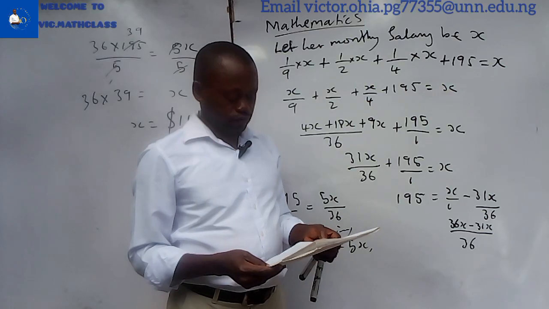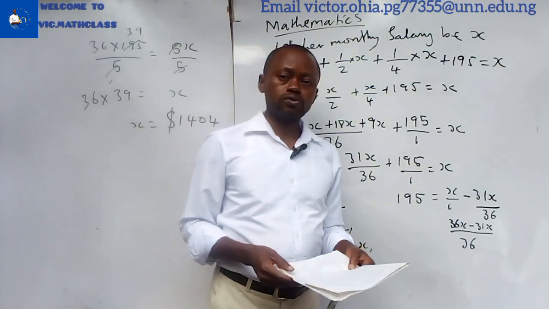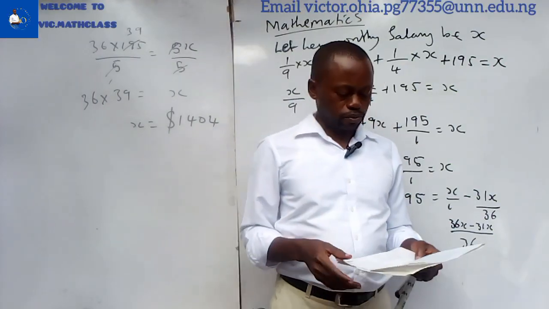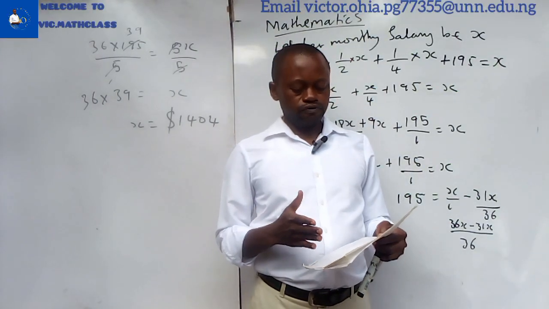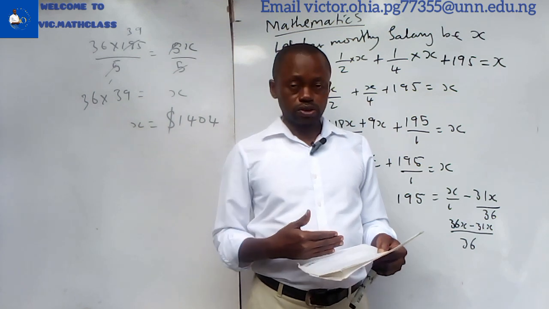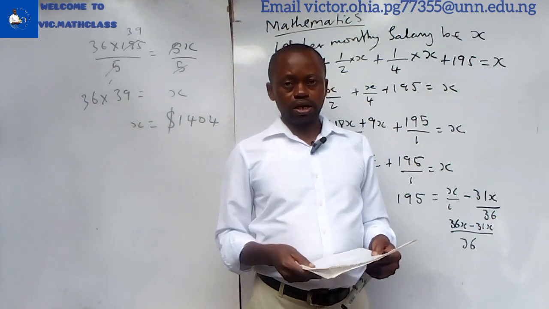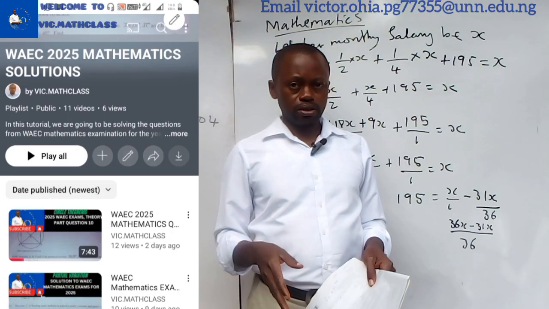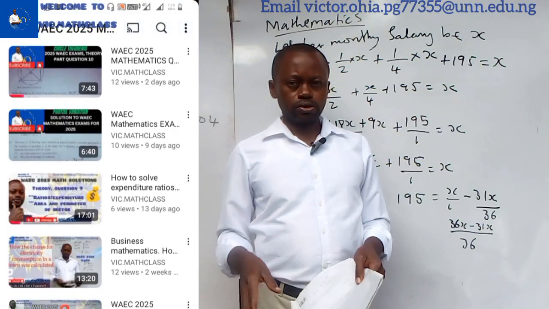The next question we want to look at is the B part of this question 9 in the next class. When we are through solving this question, what I am going to do is to have a compiled video of all the solutions I have provided so that you can access it. I may paste this in the comment section so that you can follow it.